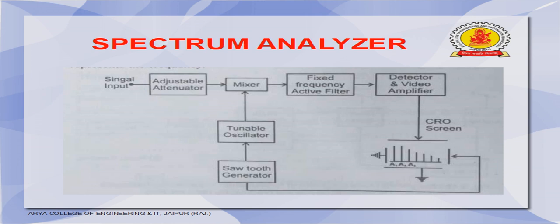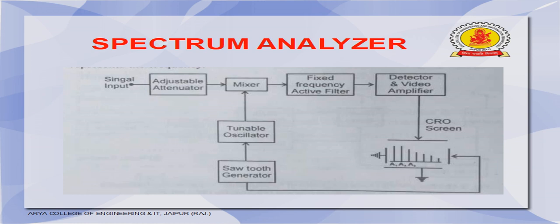Next, there is a detector and video amplifier. The output of the detector is given to the vertical deflection plates of the CRO, so the CRO displays the frequency spectrum of the RF signal on its CRT screen, and the tunable oscillator receives its input from the sawtooth generator. In this way, we can explain the different blocks of the spectrum analyzer.